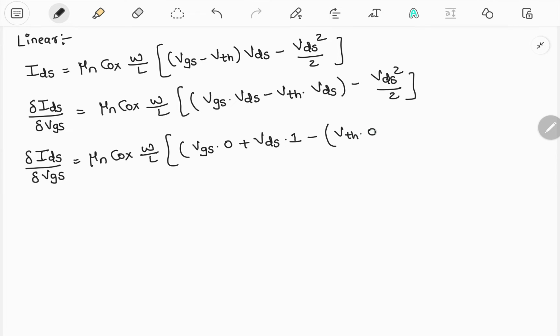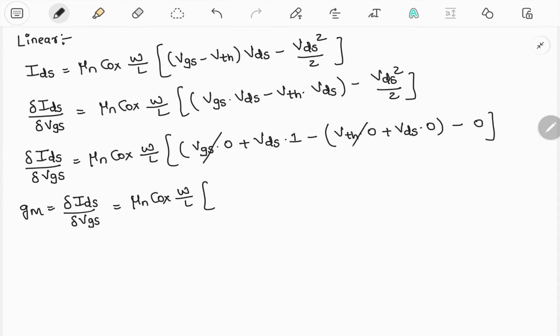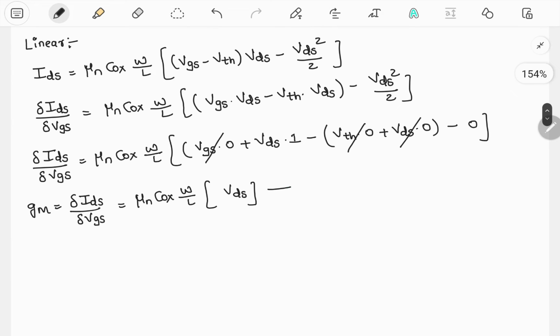Differentiating Vds will be 0, plus Vds into 0, minus this part will be 0. So transconductance Gm, which is Ids with respect to Vgs, will be mu n C ox W by L, so this part got deleted. This one is 0, this one is 0, so the leftover part is Vds. This is the relationship for the linear region. For the linear region, this is the transconductance which you got.